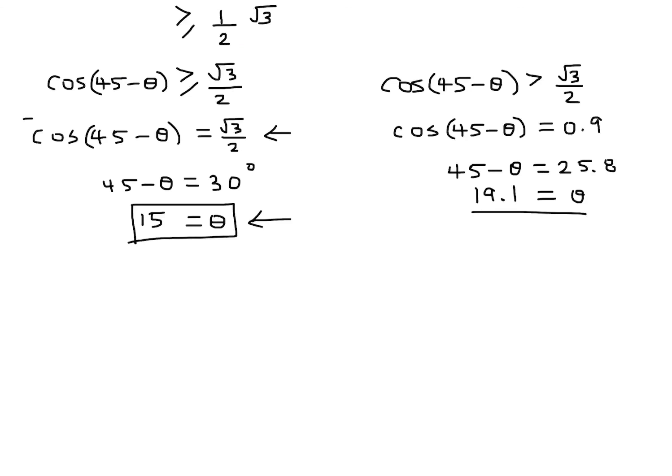And that happens when cos(45 minus theta) is set equal to root 3 over 2. If you use our relationship and set cos(45 minus theta) greater than root 3 over 2 like I did here, our values for theta will always be greater than 15. So number 10, the minimum value for theta is 15.